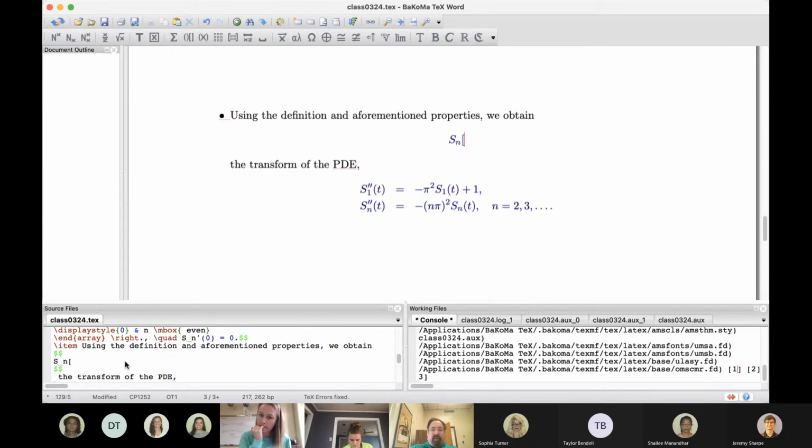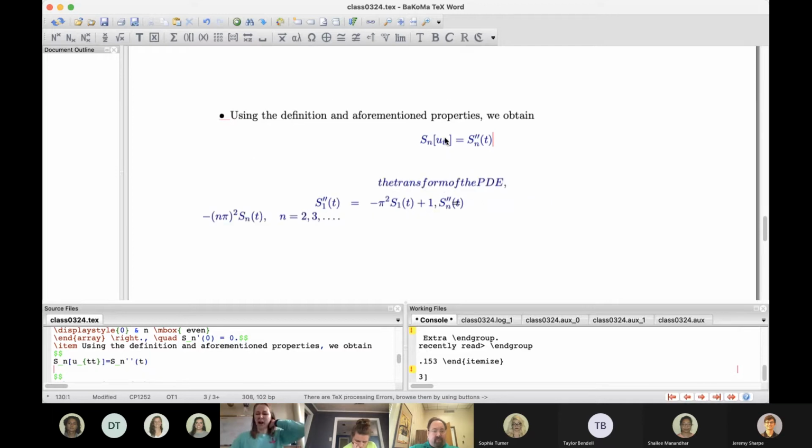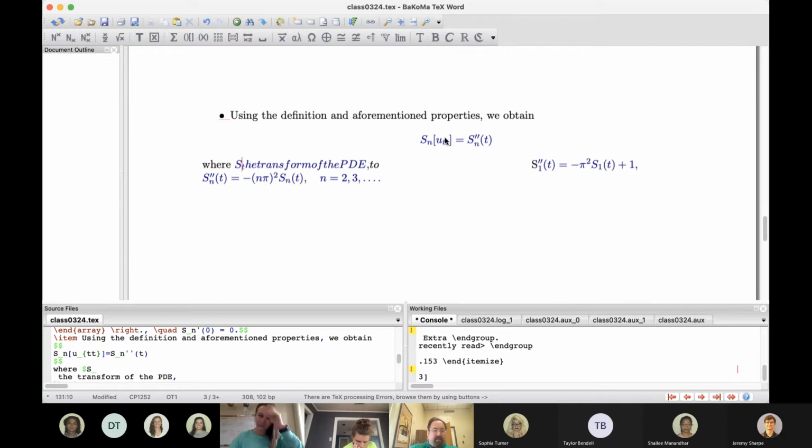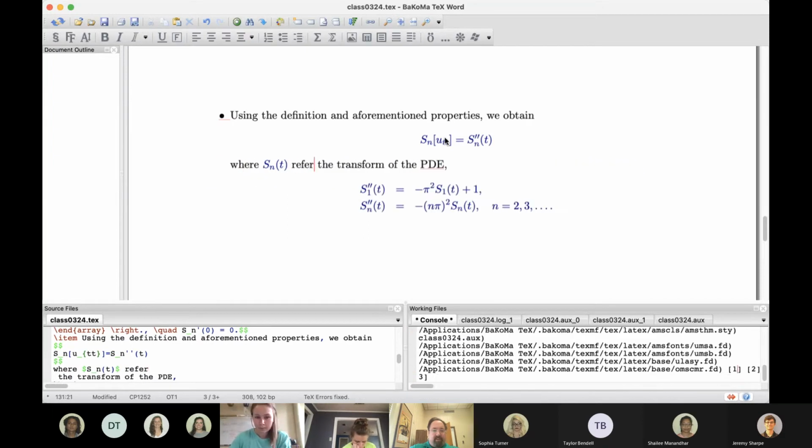The transform of u_tt is going to be equal to S_n double prime of t, the time derivative of the transform. By notation, I'm using S_n of t for the Fourier sine transform of u.